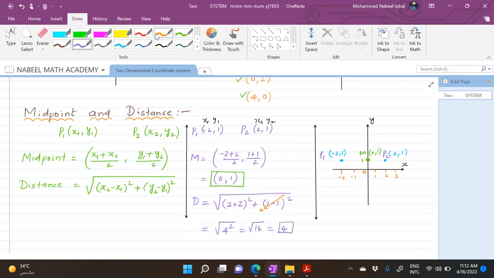What does this 4 indicate? This is the distance between the two points. This is 1 unit, 2 units, 3 units, 4 units, so between these two points we have 4 units. So this is what the distance indicates. So we complete this.